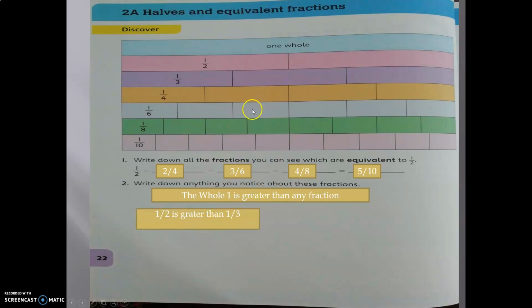The half is greater than the third. This is all the half, but this is only 1/3. So the half is greater than the third. And the third is greater than the fourth. Look at the 1 out of the 3 parts and 1 out of the 4 parts. Also, the fourth is greater than the 6th. 1 out of the 4 parts is greater than 1 out of the 6 parts.